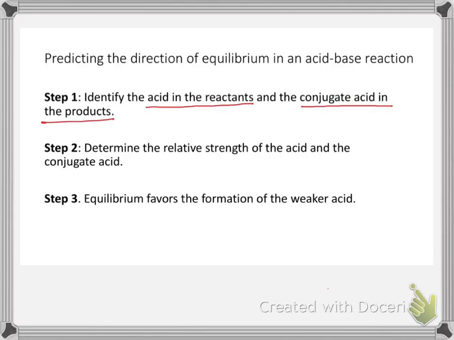Then we're going to figure out which one is stronger and weaker. And to do this, we're going to use table 9.2, which you do not have to memorize. It's going to be given to you. And then what we have to remember is the side that has the weaker acid is the side that is favored. The weaker side is always favored. All right, so that breaks it into steps. Let's do an example.